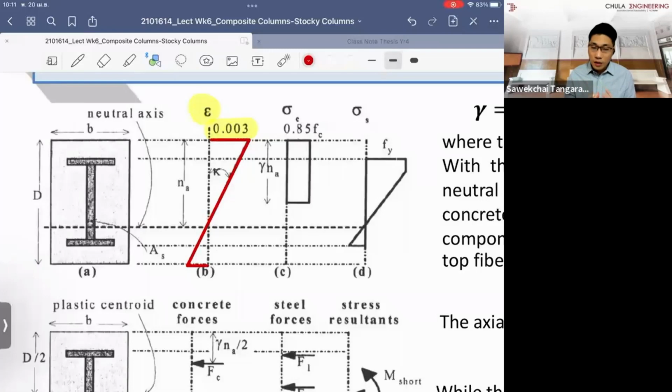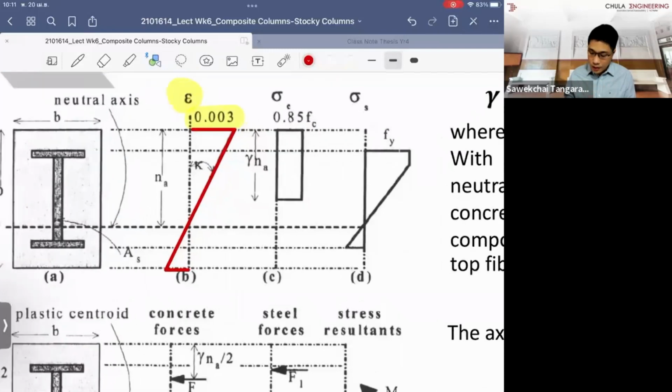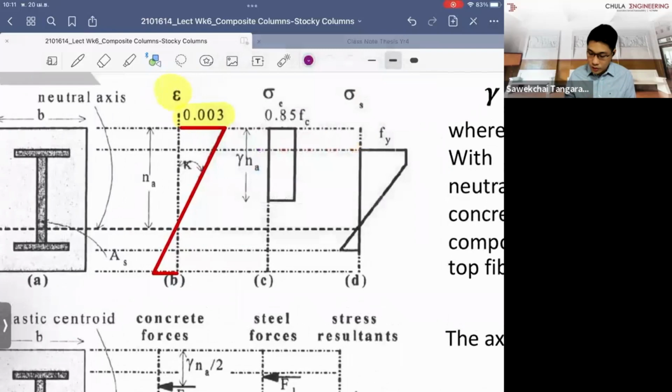Based on the information of the strain, you can get the information of the stress. In the concrete, the stress diagram pretty much looks like this, and we use, once again, the equivalent rectangular block area. This is similar to what you learned in the reinforced concrete designs.